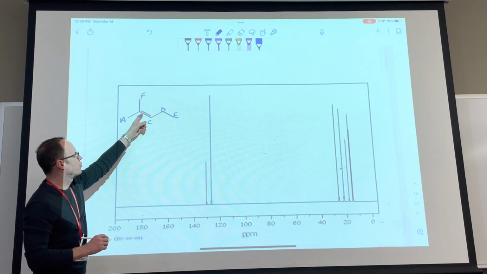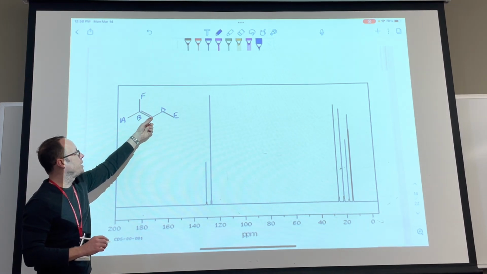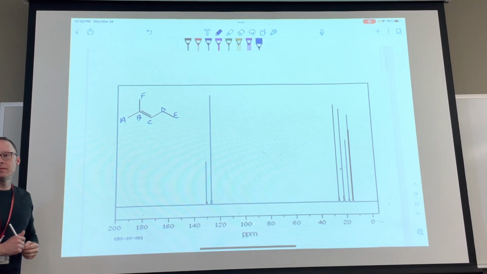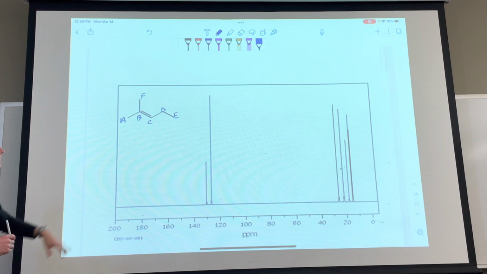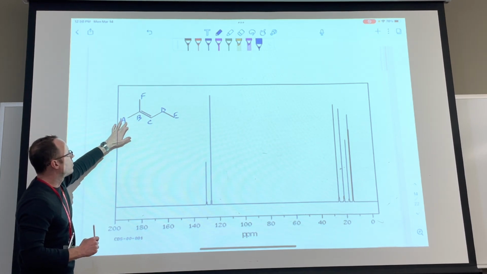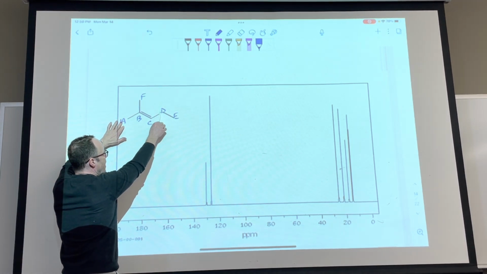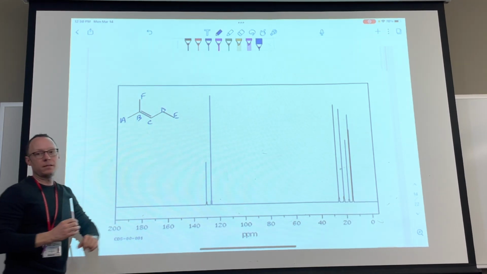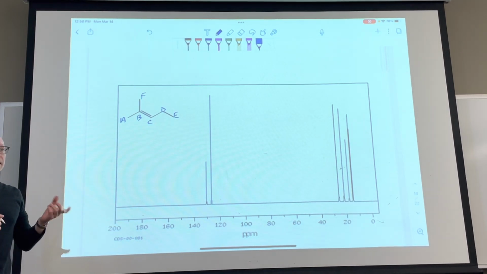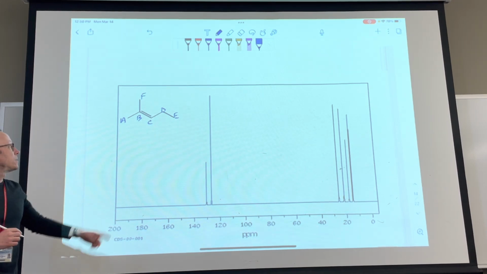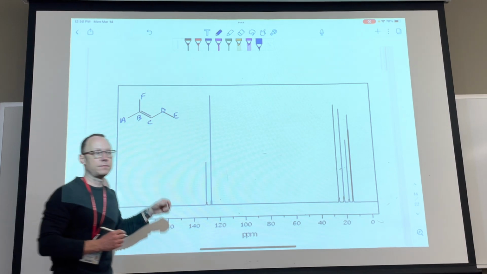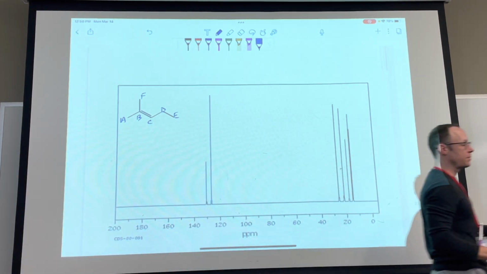And due to the restriction of bond rotation, A and F are not the same. For instance, A is always going to be trans to the ethyl group. F is always going to be cis to the ethyl group, and they cannot interconvert. So A and F are actually different carbons in different environments. That's why we have 6 peaks and not 5.